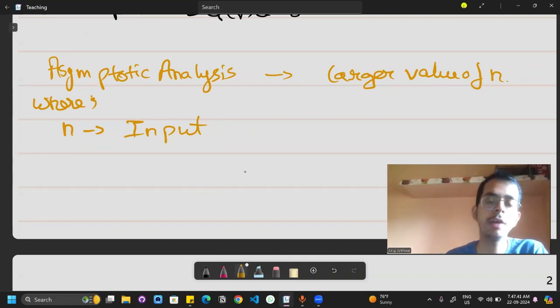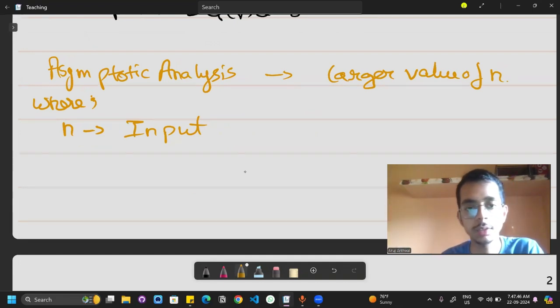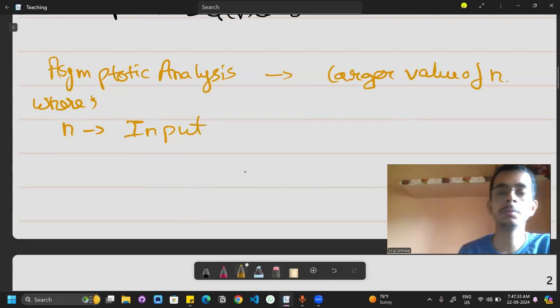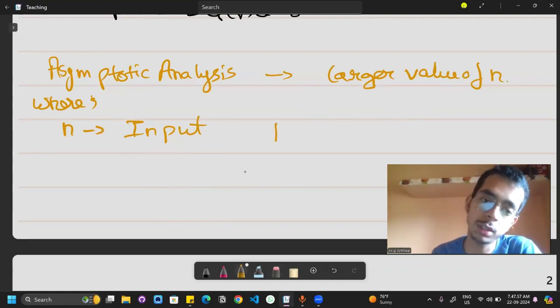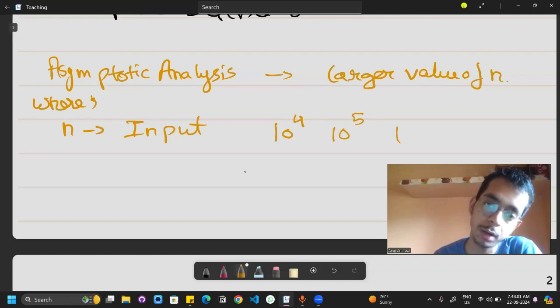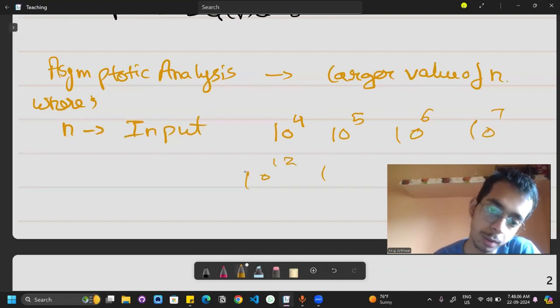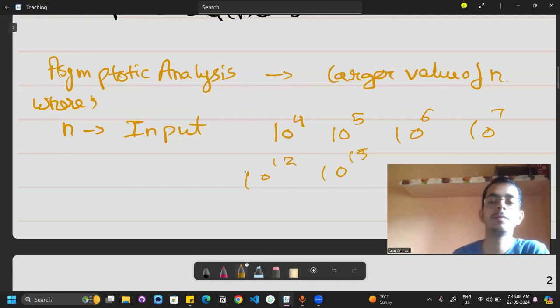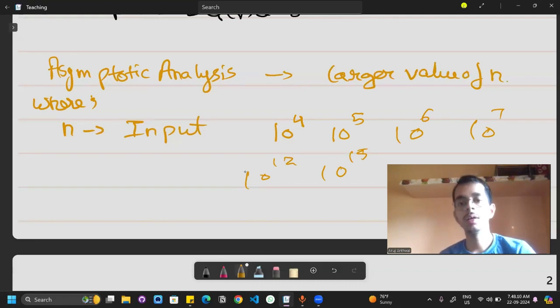If the input is very large, that is 10 to the power 4, 10 to the power 5, 10 to the power 6 order, or maybe 10 to the power 7, 10 to the power 12, 10 to the power 15. In real sense, these are very big numbers.